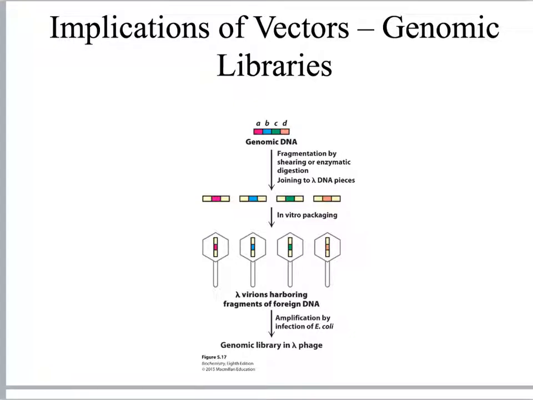So one of the things that we can do with this technology is we can create genomic libraries. So a complex genome is going to be fragmented. Different fragments are inserted into different vectors. Here we're using lambda phages in order to do that. And then once we do that and we modify, the individual portions that we've created can be amplified and identified.